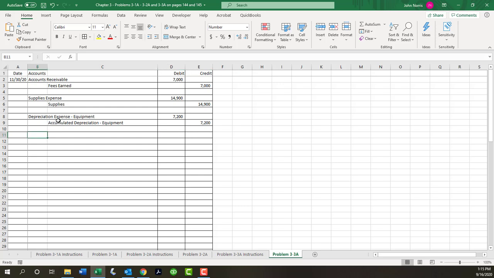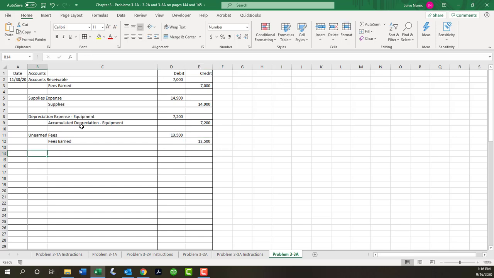The balance in unearned fees represented the November 1 receipt in advance for services to be provided. $13,500 were provided during the month of November. So this is a reduction in unearned fees and fees earned. And it tells us the amount, $13,500.